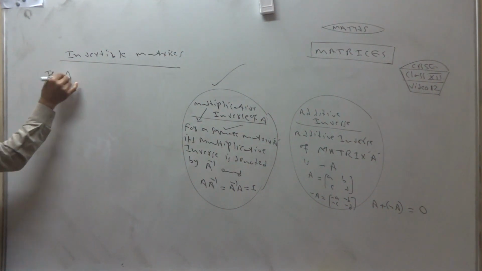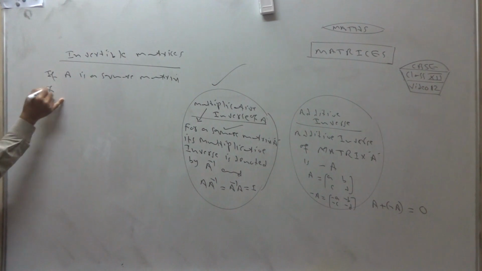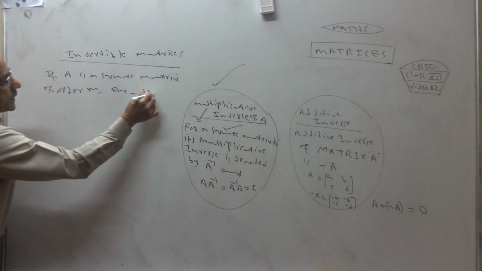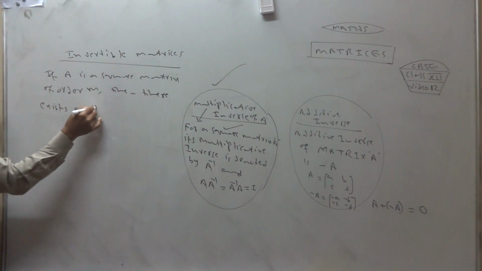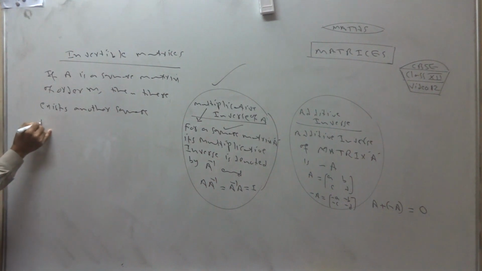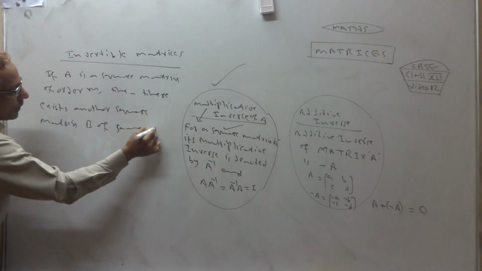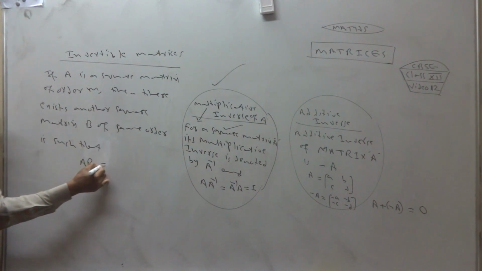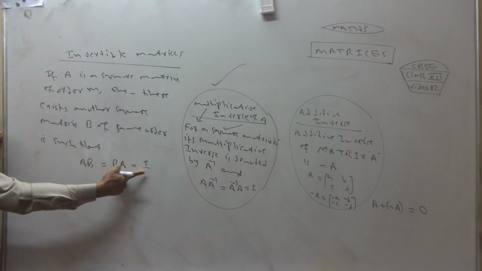If A is a square matrix of order m, then there exists another square matrix B of the same order such that AB or BA both is equal to I. If you multiply AB or BA, both the result will be I. I means identity.